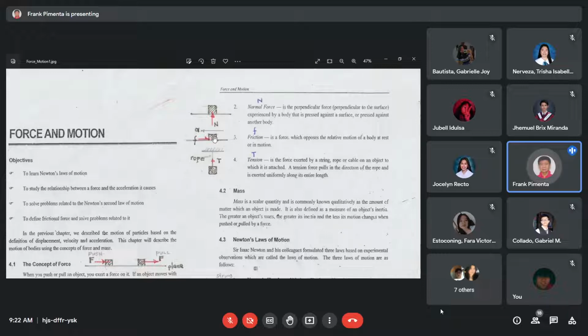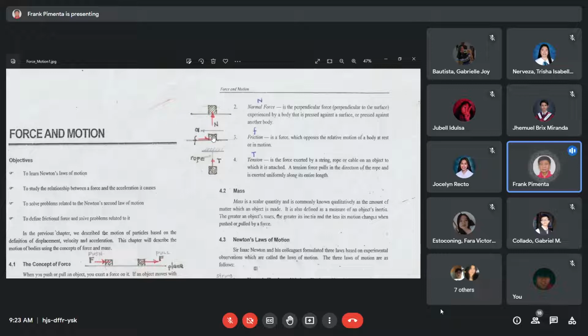So if this is the body and this body is changing its position from this initial point going into the final point here, the acceleration is pointing the motion of the object or the body going to the left. And friction opposes that motion. So this is the friction. It's a force opposing the relative motion of the body.